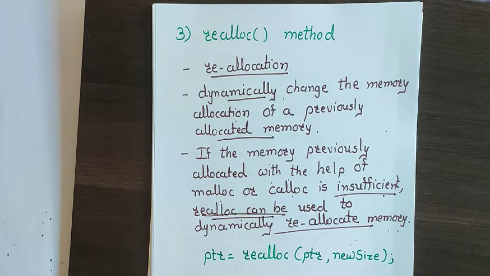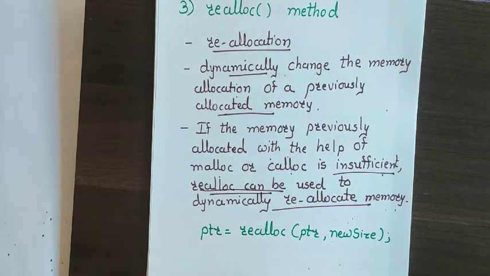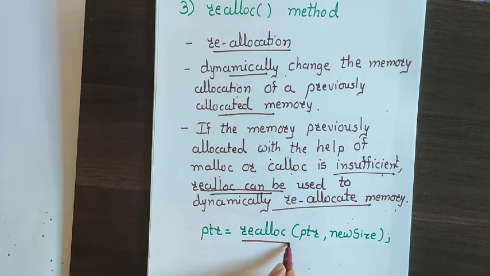So what we are doing over here is reallocating the memory. What is the syntax for that? Here there is no need for typecast. Simply write realloc in brackets, ptr, that is your pointer name, the variable name that you are using. If you are using abc, here you need to write a, b or c.